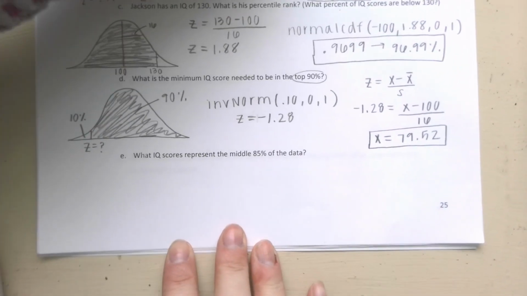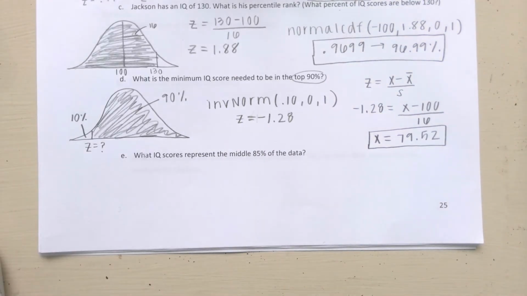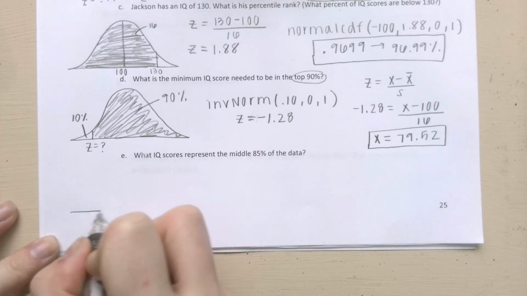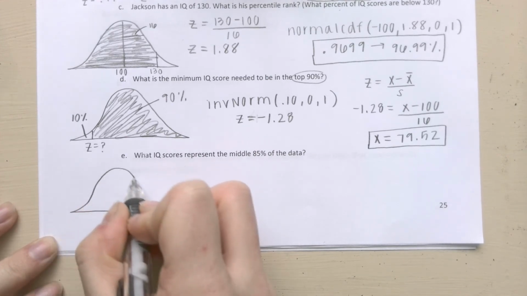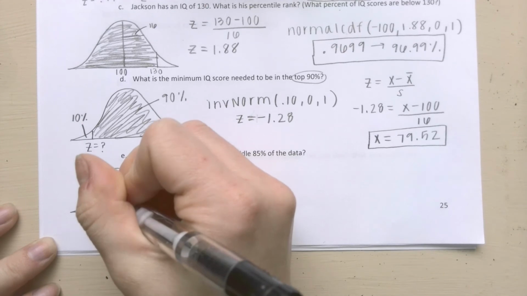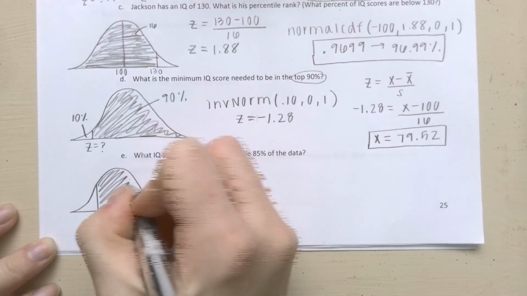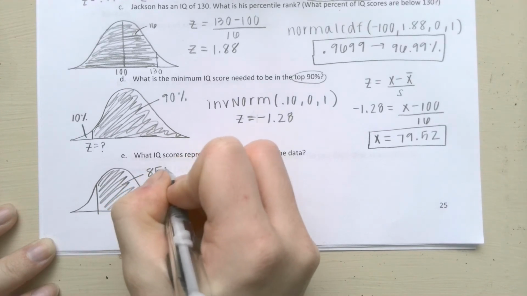Okay, the last one here says what IQ score represents the middle 85% of the data. So when I draw my picture this time, I'm now looking for the middle 85.